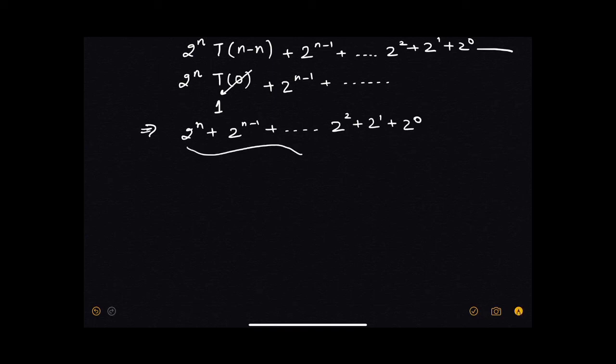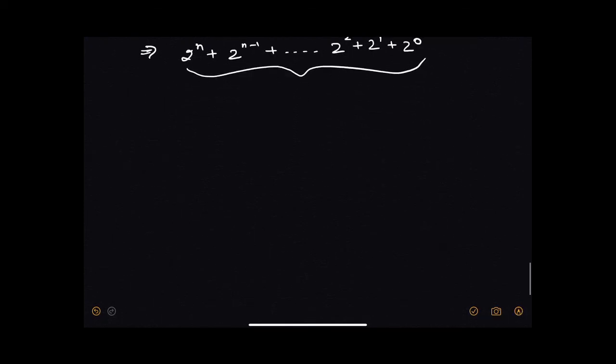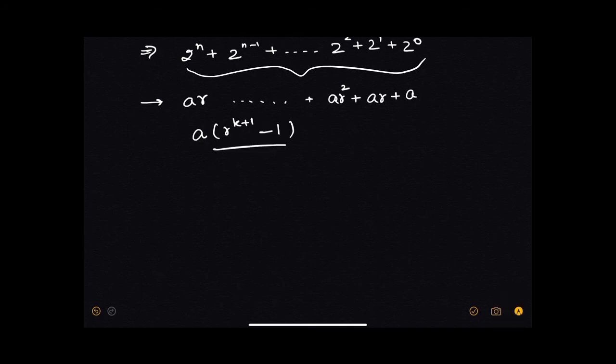If you see, this is a GP series. What is the formula of a GP? It is A + AR + AR squared up to AR^k. If this is the general statement, then the formula becomes A(R^(k+1) - 1) divided by (R - 1).